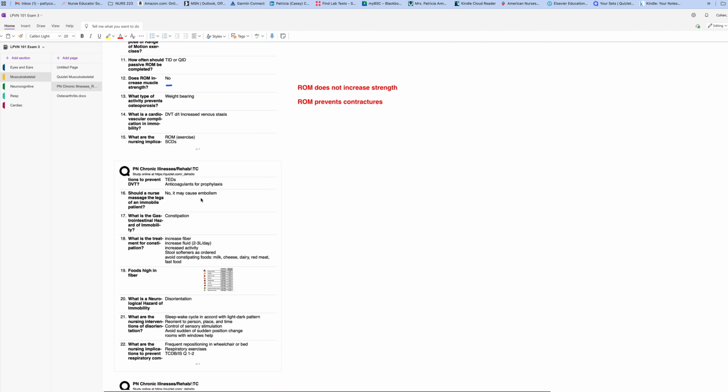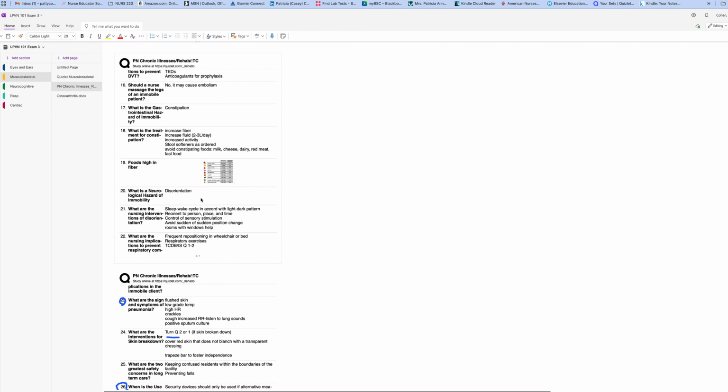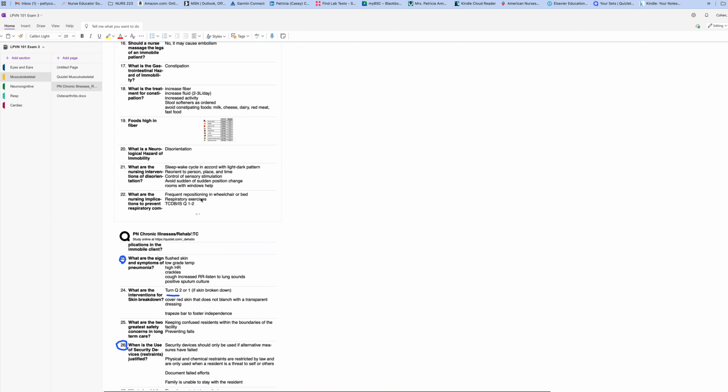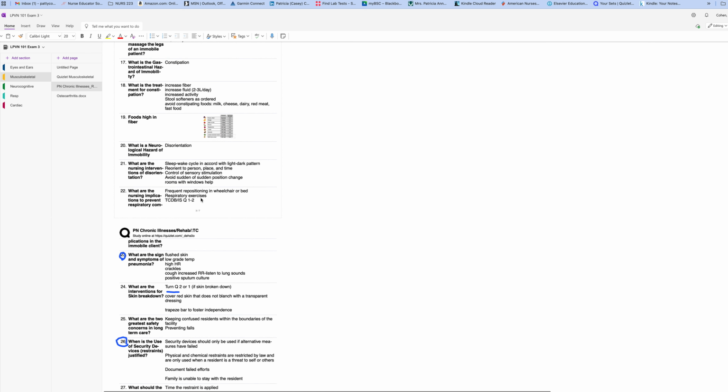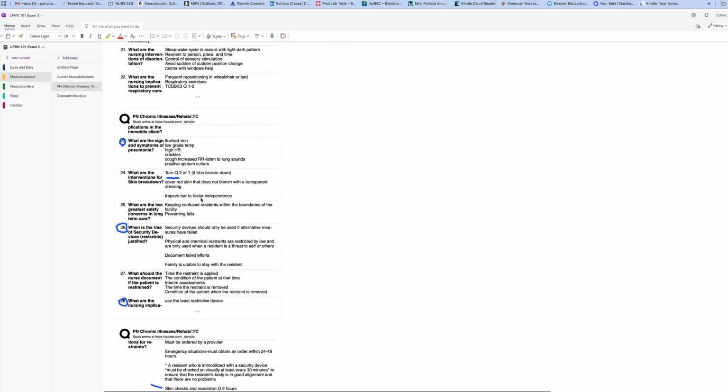Know your nursing interventions for constipation. You already should know the foods high in fiber. To prevent respiratory complications, remember your incentive spirometer, turn, cough, deep breathe. Then if somebody gets pneumonia, remember your signs and symptoms: low grade temp, high heart rate, crackles.